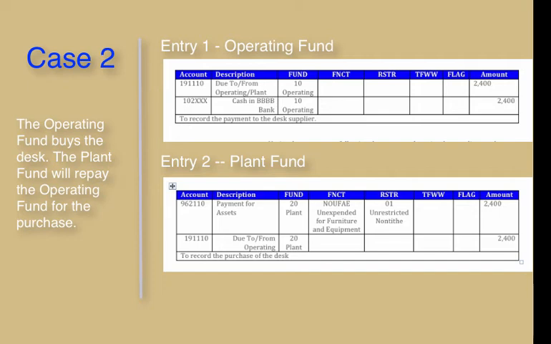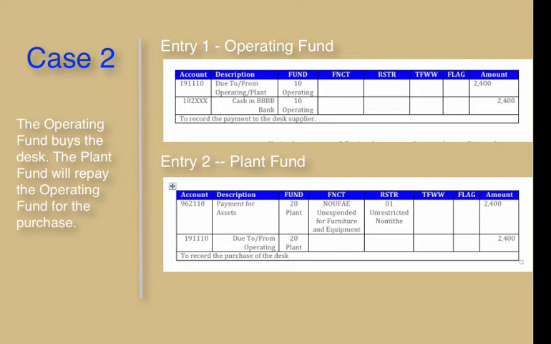So the function here is NOUFAE, the unexpended for furniture and equipment function. The credit side of this entry will be to 191110, the due to from operating plant account. And the analysis that we need is Fund 20. This records the purchase of the desk in the plant fund.